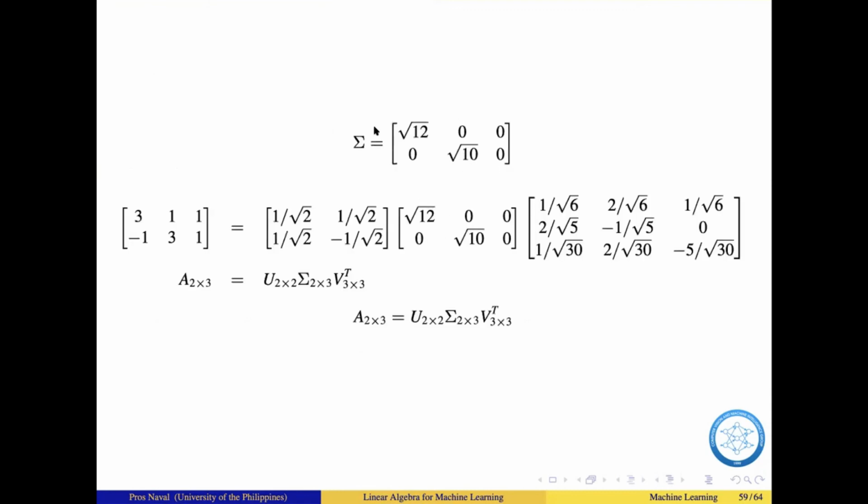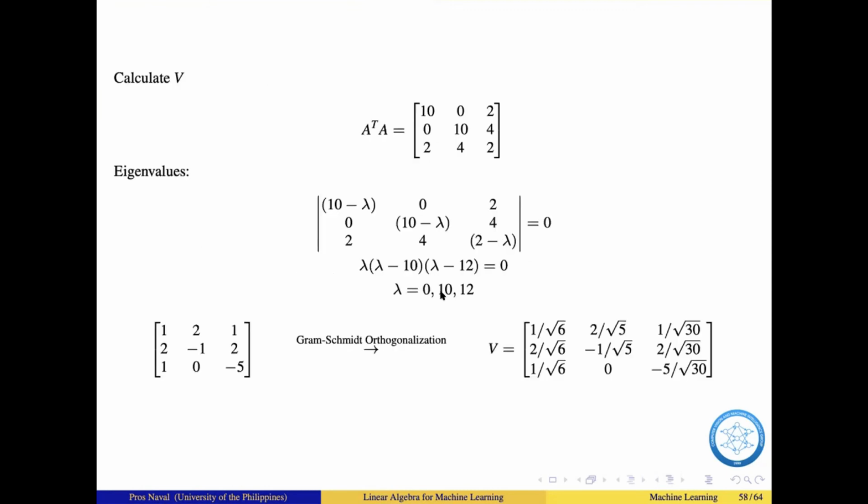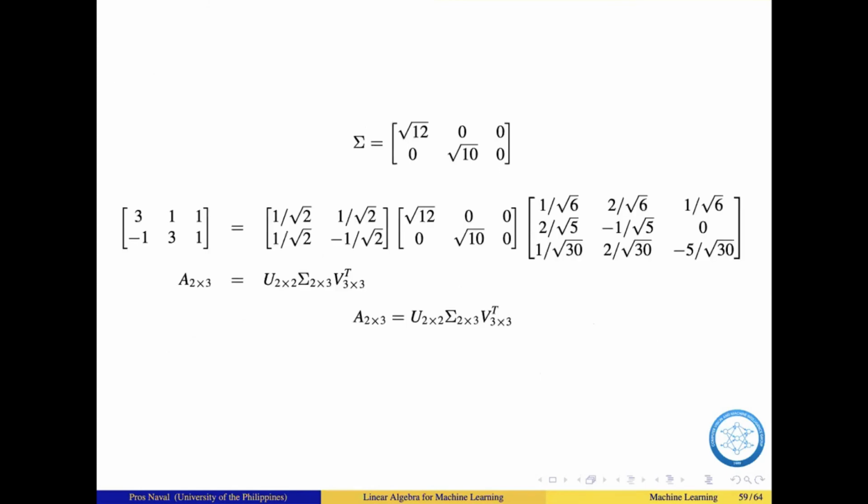So we compute sigma. Sigma is just the square root of 12 and the square root of 10. Okay, so these are our lambdas. You take the square root of these values, that would be your sigma. Putting them all together, we have the following. This is our original matrix.